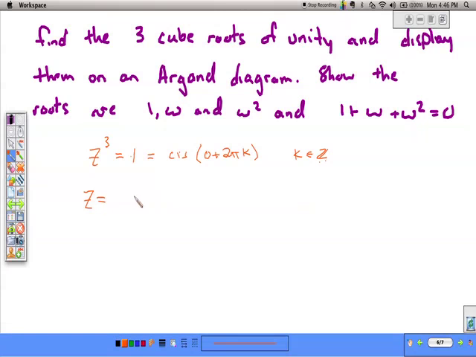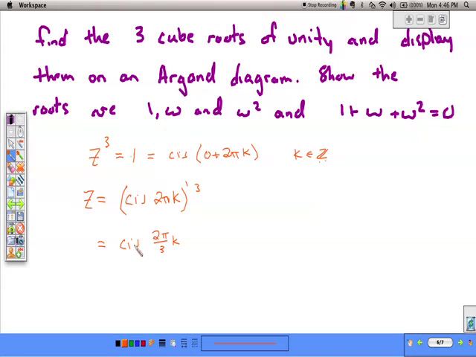So z is equal to cis of 2 pi k to the 1/3, which is cis 2 pi over 3 times k.